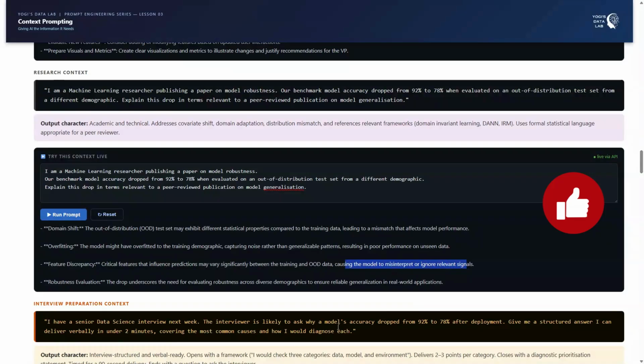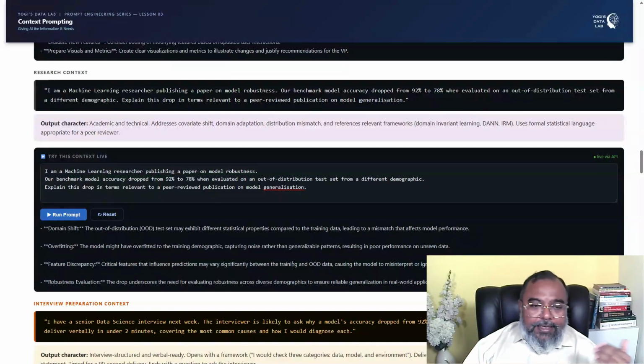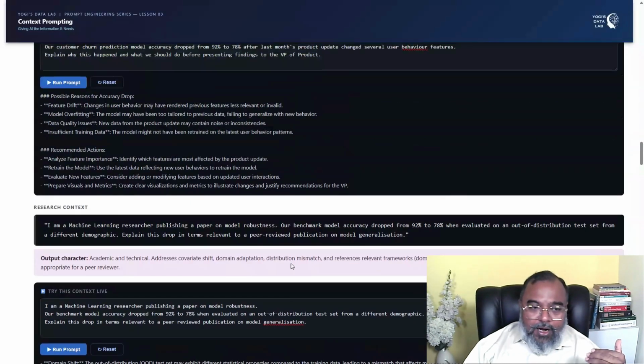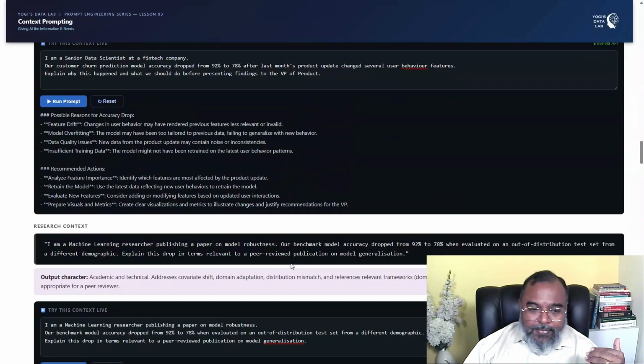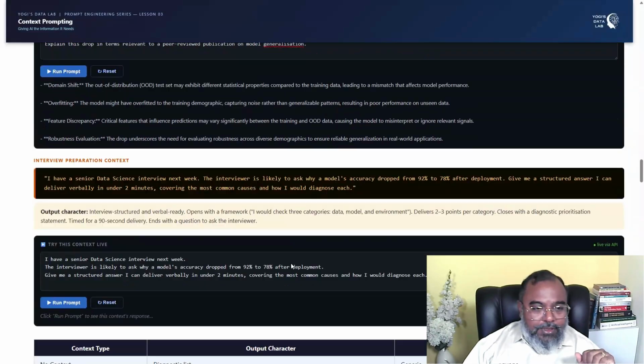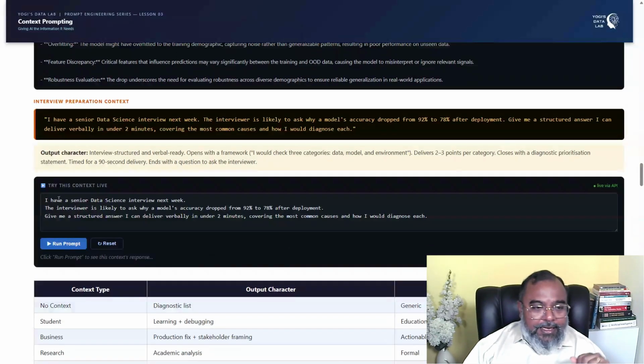And you can have a robustness evaluation, where the drop underscores the need for evaluating robustness across diverse demographics to ensure reliable generalization in the real world. Now, I did read through this, but if you look at it again, the way it has been explained is pretty different compared to how it was for different contexts. Now, let's try to look at this one, where I say that I have a senior data science interview next week.